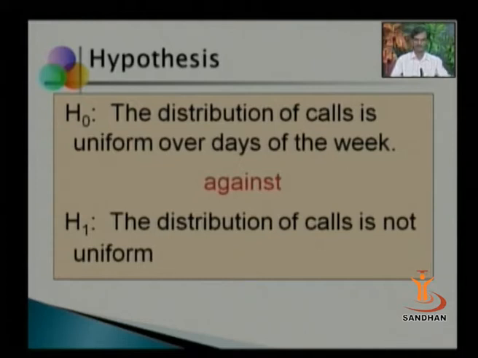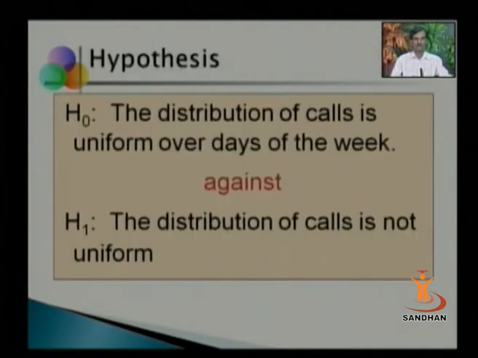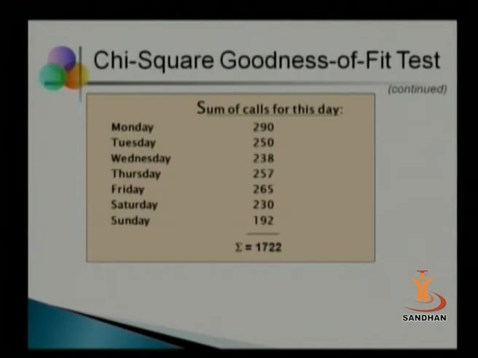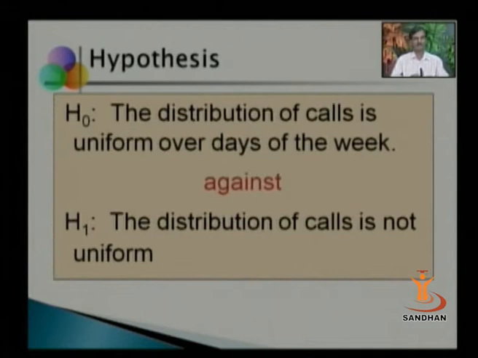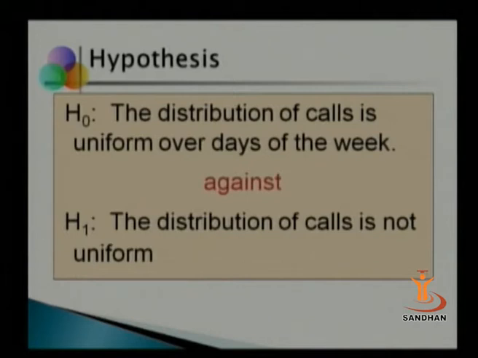Our objective is to test whether the observed frequencies, observed data, match the expected data. Expected means we expect that it follows a uniform distribution. That means all these 1722 calls are uniformly distributed over the 7 days of the week.